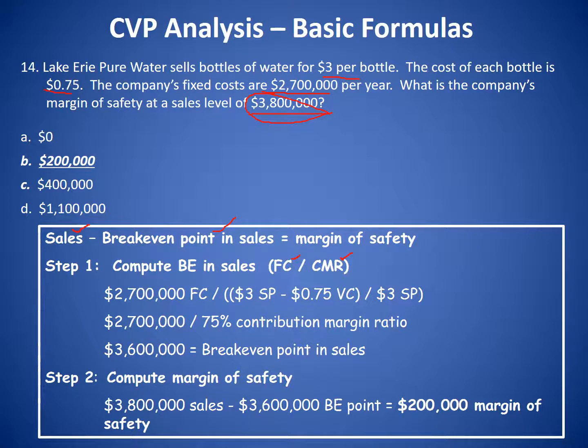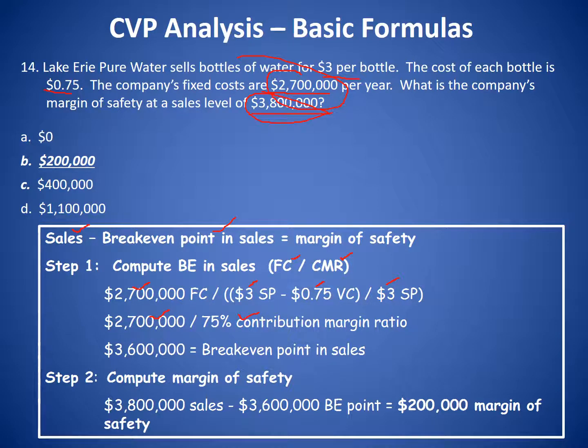So our fixed costs are $2,700,000. And we divide that by our contribution margin ratio, which is $3 selling price minus the 75-cent variable cost divided by our selling price again of $3. So now we have $2,700,000 divided by a contribution margin ratio of 75%.